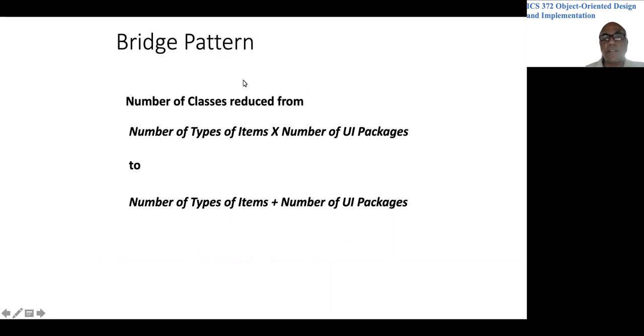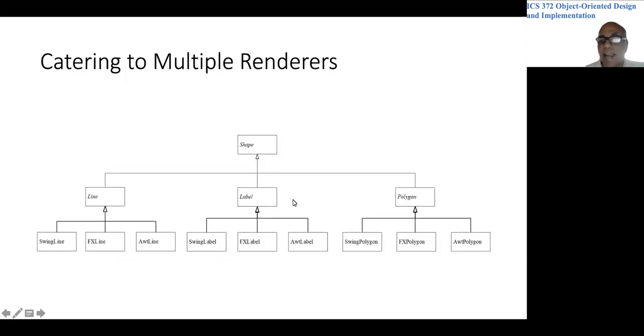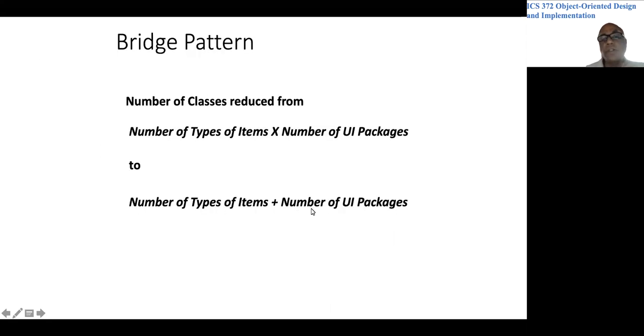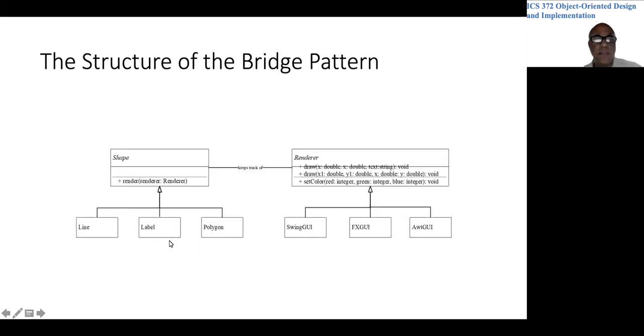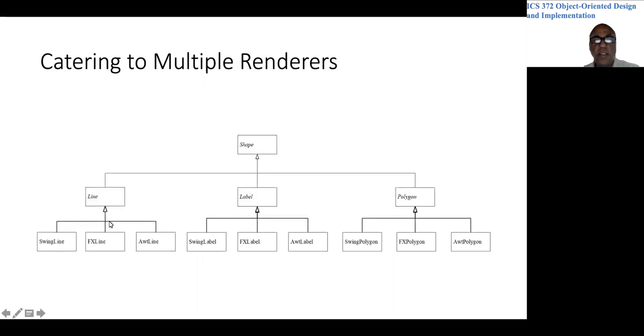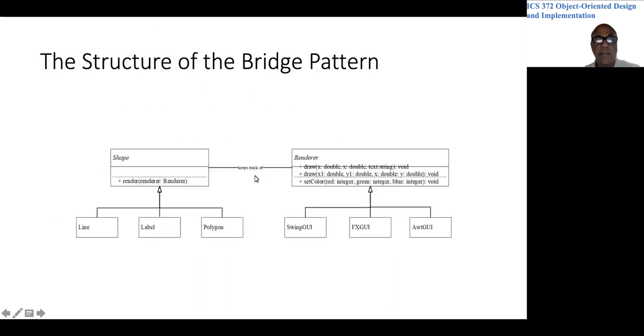And that is done through what is called the bridge pattern. It reduces the large number of classes that you would otherwise have had into a much smaller number. And that is done like this. We have a hierarchy of shapes as before. So we take the top part of this, the first two levels of this, we keep that.